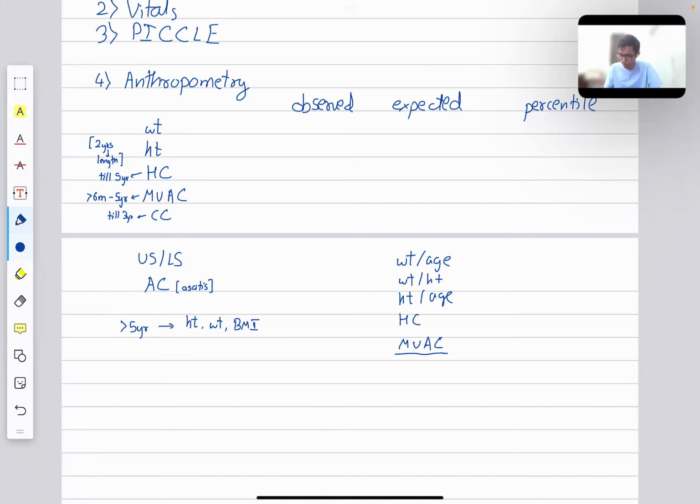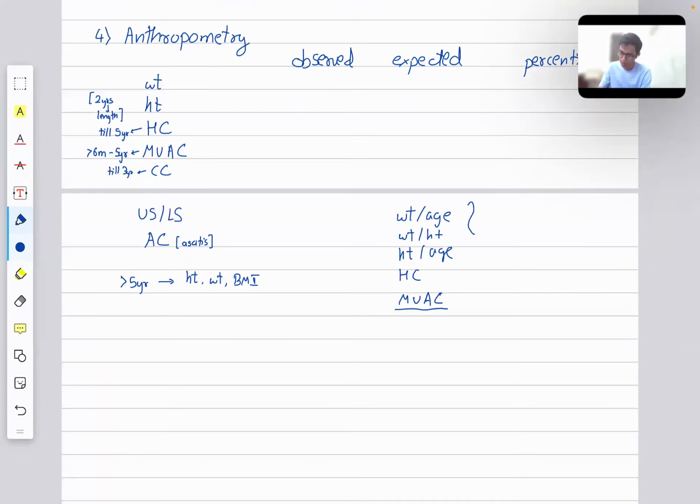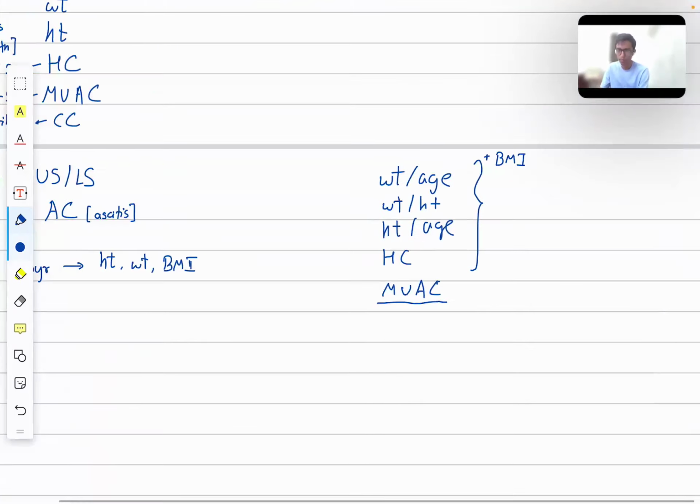I will mention the expected values in a minute. Growth charts will be available for these. It would be available for BMI also. So for these, you will plot the observed values on the growth chart. You will find the expected values from the growth chart itself.